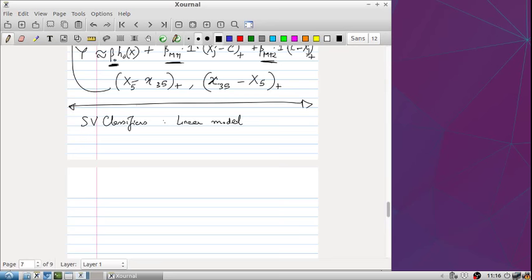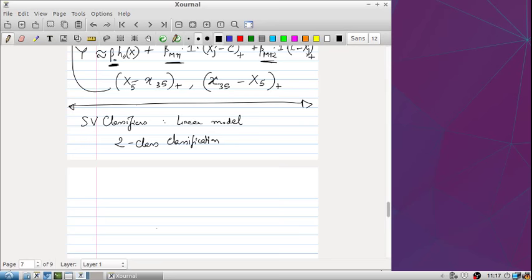So, support vector classifier: we are in a classification setting, and on top of that, let's think of a two-class classification setting. The classifier has to separate two classes, right, using some decision boundary.